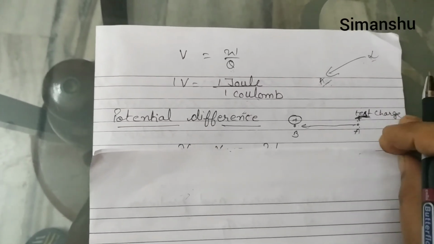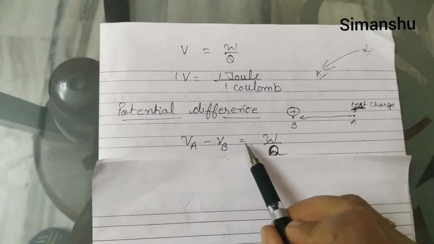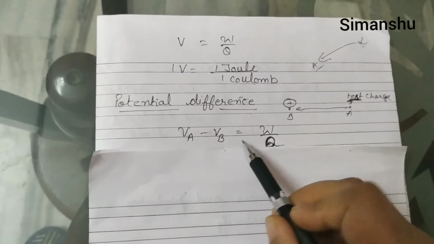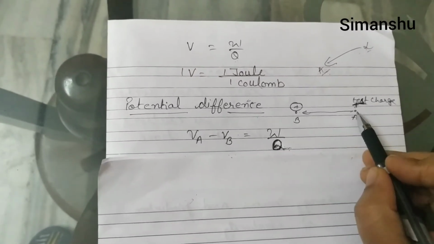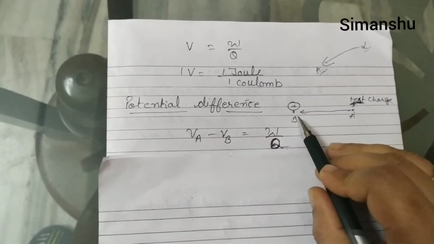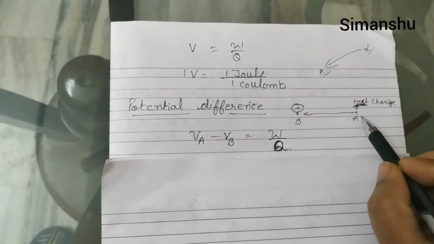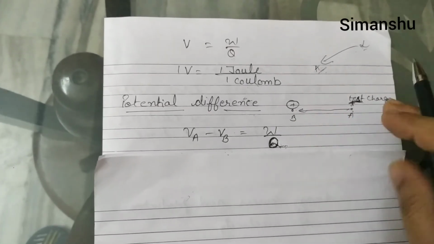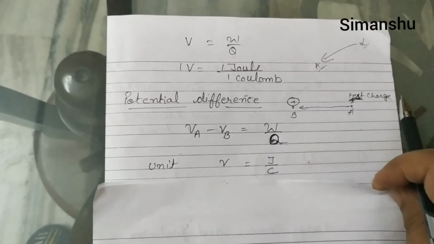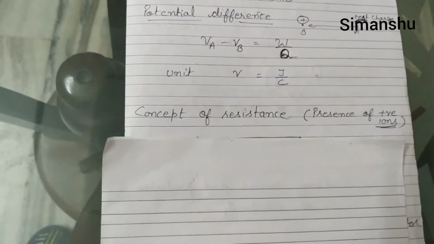Hence, in the same way as we defined earlier, potential difference is equal to the work done in bringing a test positive charge from one point to another. There we mentioned from infinity to a particular point. Here we are saying from one point to another point.